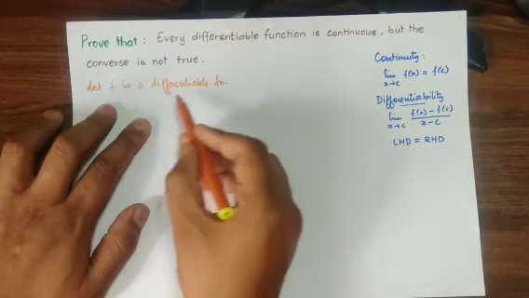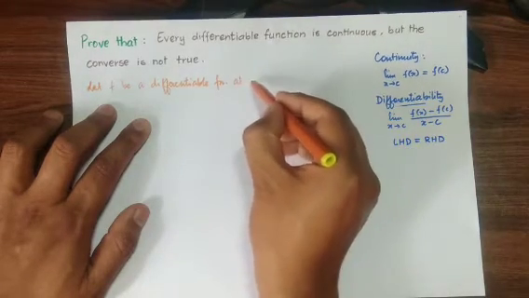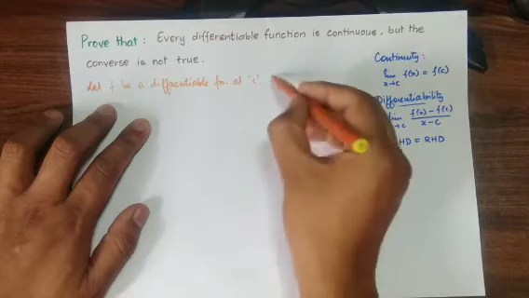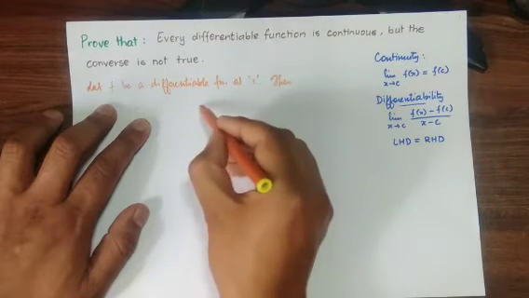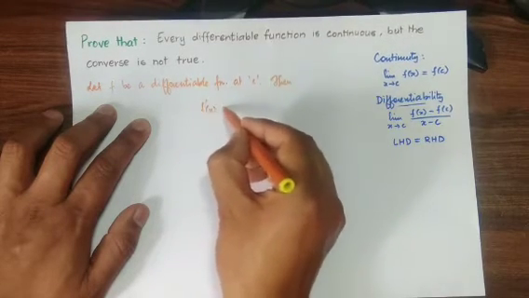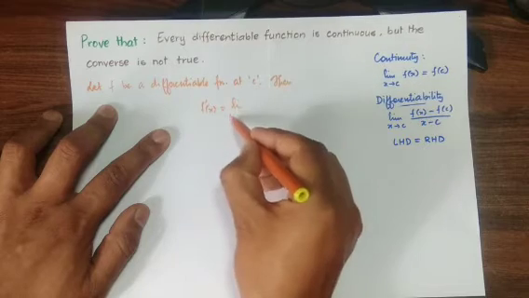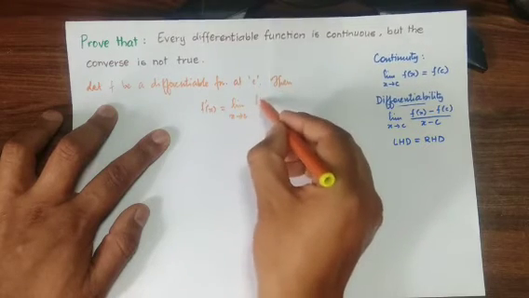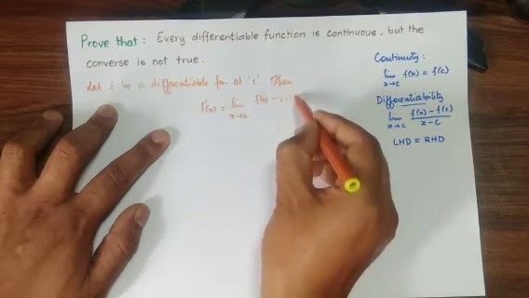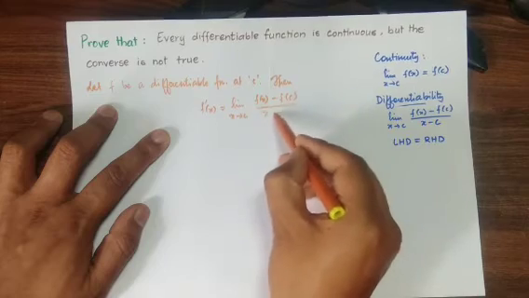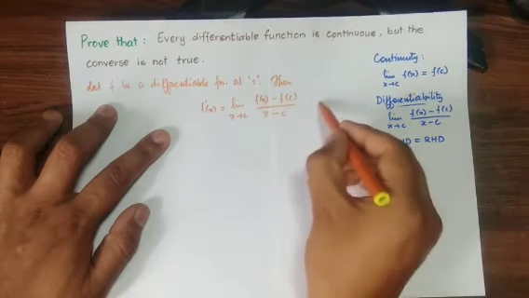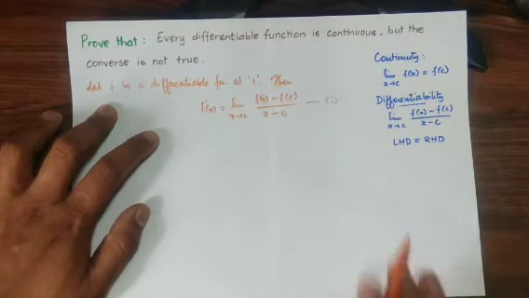Okay, so let f be a differentiable function at point C. So then we have f dash of x equals limit x tends to C of f of x minus f of C by x minus C. So let me call this equation 1.